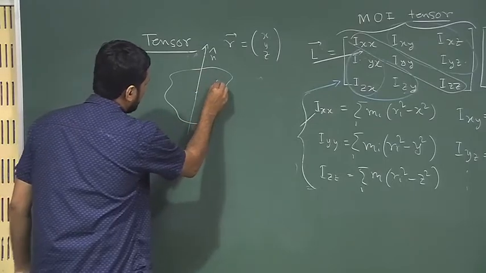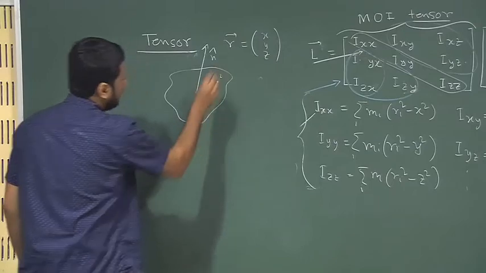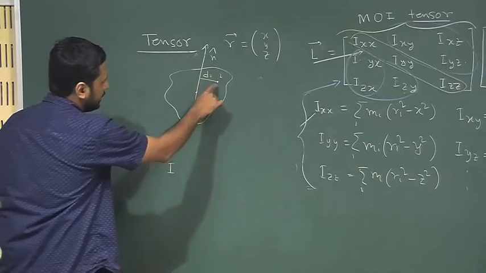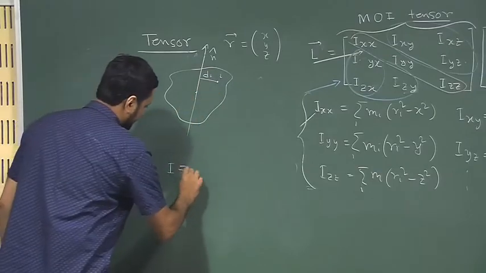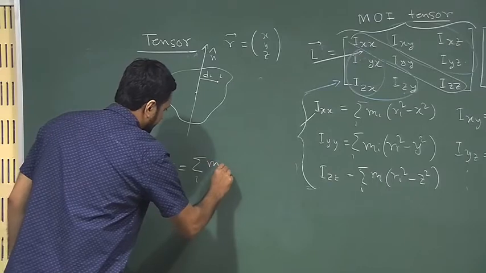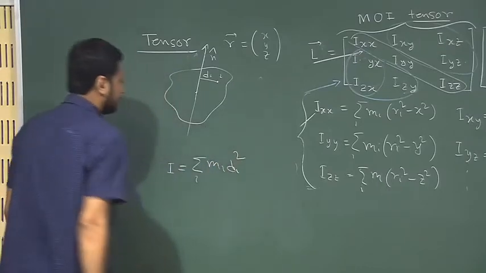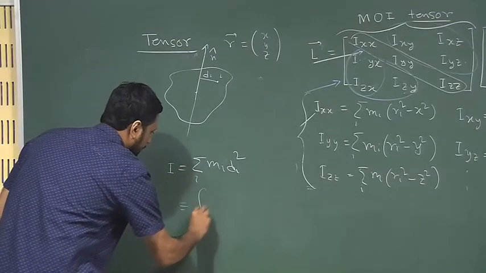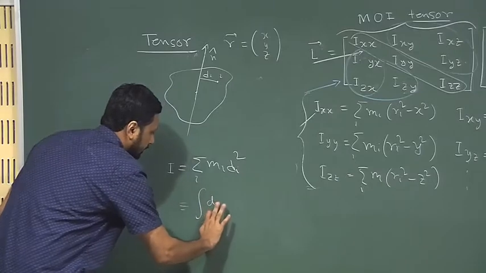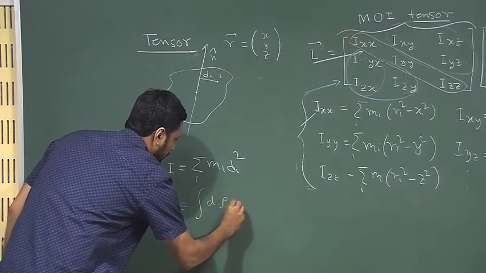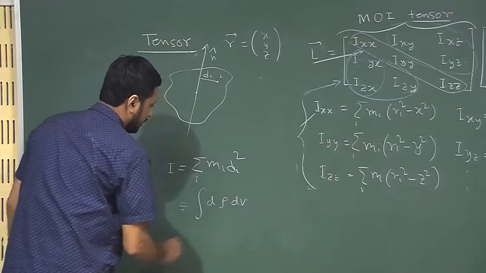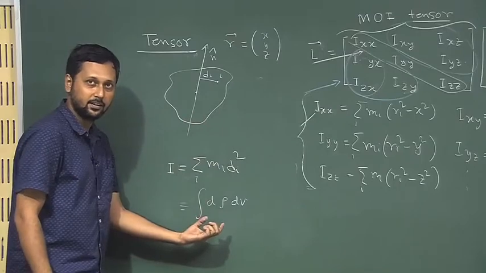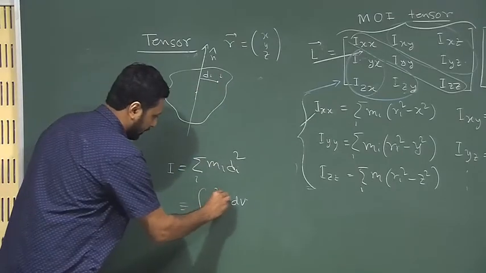If this is the position of the ith particle, what we did was calculate the distance di and define moment of inertia as I equals the sum over mi di square. In integral form it will be the integral of d square rho dv, where d will be some function of x, y and z. So it's a distance, sorry, d square, right.